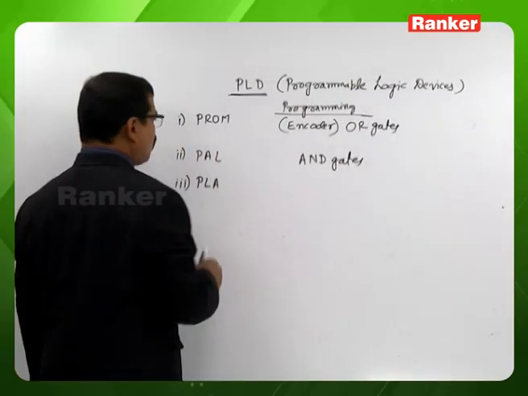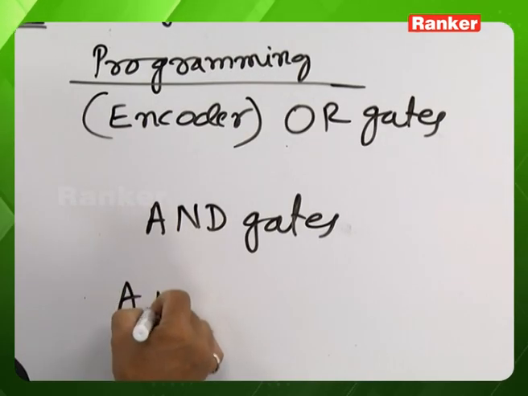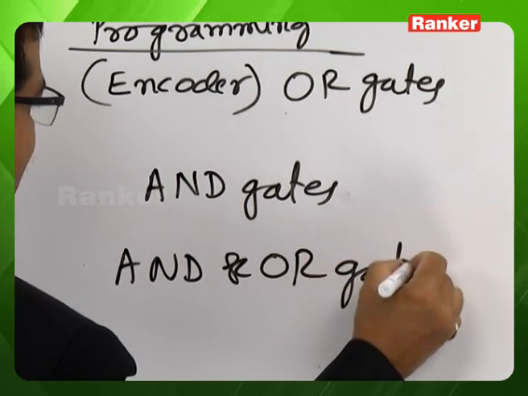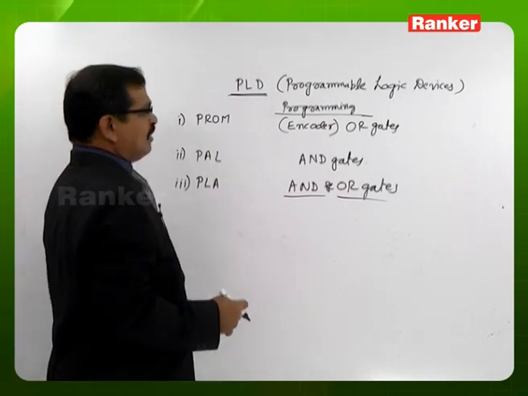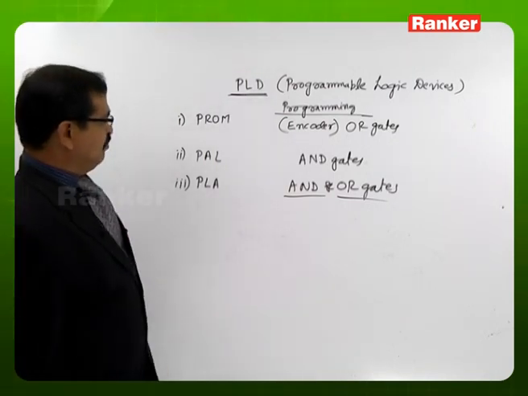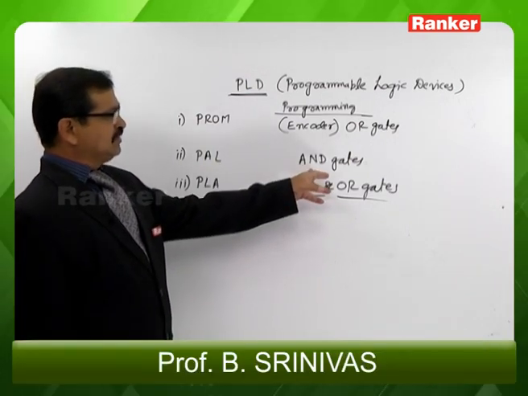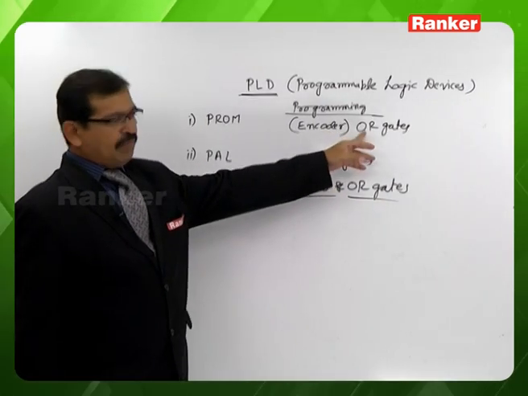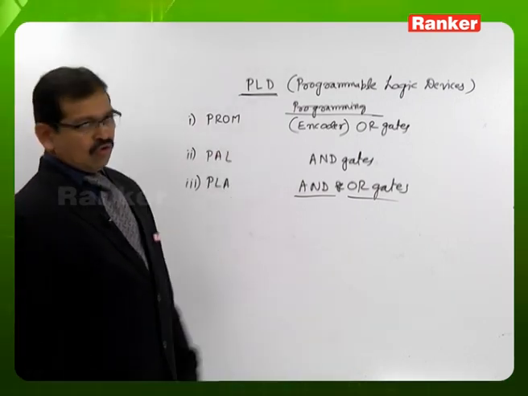Whereas in the programmable logic arrays, the programming is possible on both AND and OR gates. Programming is nothing but implementing a hardware function. Here the AND gates give the minterms, the products, and then the OR operation is provided.